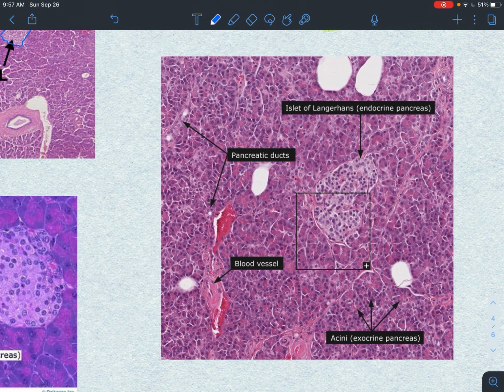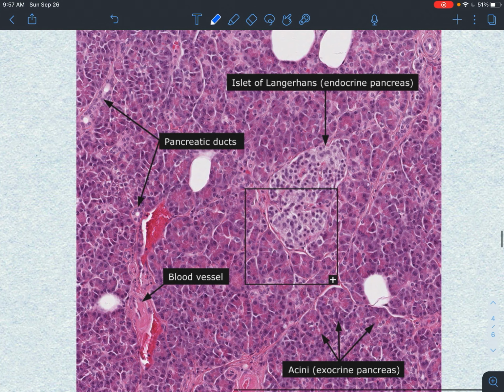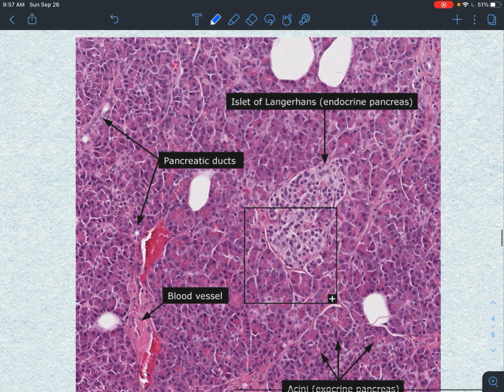Now, a close-in view, a very clear close-in view, right, makes this a little more obvious because right here you can really see that border of that islet of Langerhans that is extremely obvious, whereas the acini have that characteristic darker staining glandular appearance, right? Here is what the acini look like. So there it is, right?